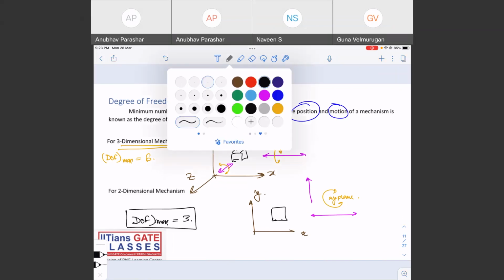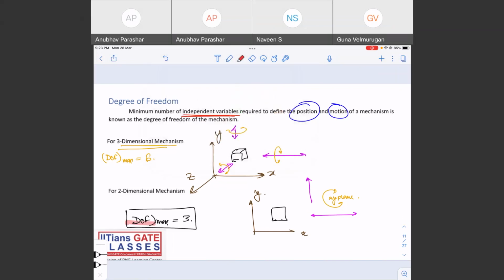Okay, so this is what we are more interested in, because our syllabus pertains to only two-dimensional mechanisms. It will not be 4, right? You might have thought of some other rotation. Linear in X and Y, so 1, 2, and rotation in the XY plane, 3.